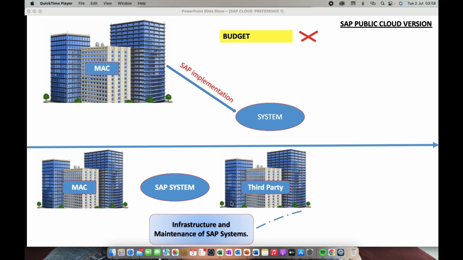Another advantage is that because Mac company is a small company, we don't really have most of this infrastructure. We don't really have an IT department, let me just put it that way. Or maybe even if we have an IT department, we don't want to put some sort of workload on it, because if this software is going to be running on the Mac server, it means that all of the maintenance, the backups, security, everything relating to these SAP systems, and the infrastructure, is going to be done by the IT staff of Mac company.